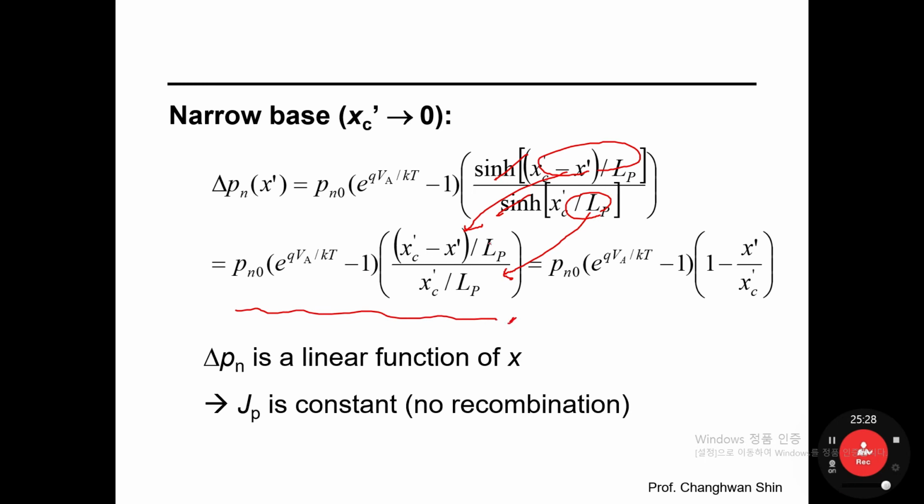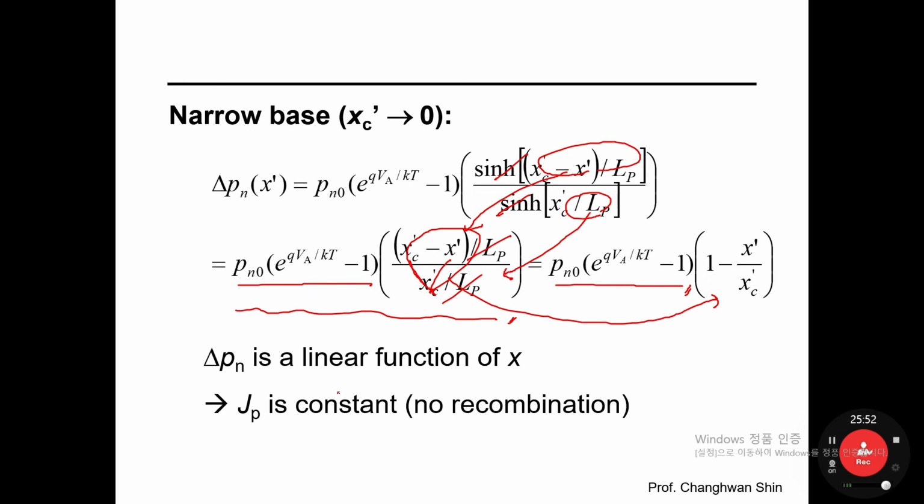LP and that LP are canceled out to each other, and xc prime here and there are divided. So p n naught exponential qVa over kT minus 1 are still here, and this part has been rewritten as 1 minus x prime over xc prime.